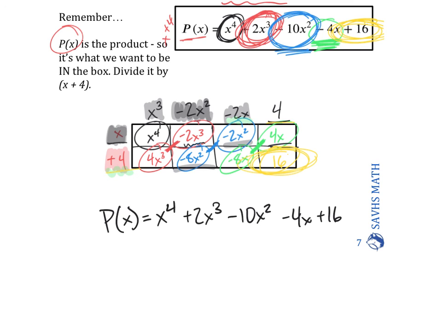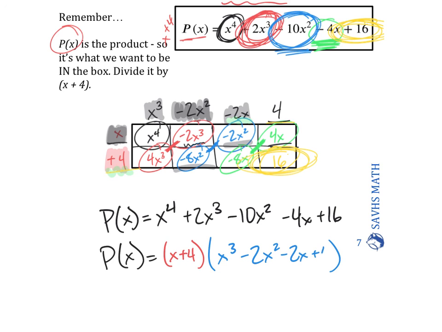I can also say that p of x is x plus 4 times the other polynomial. And the other polynomial that I have now is x cubed minus 2x squared minus 2x plus 4.